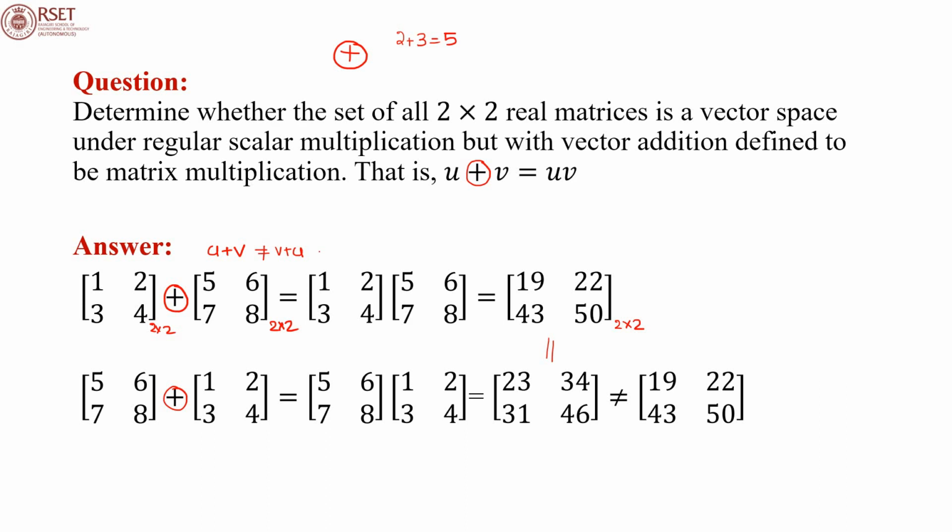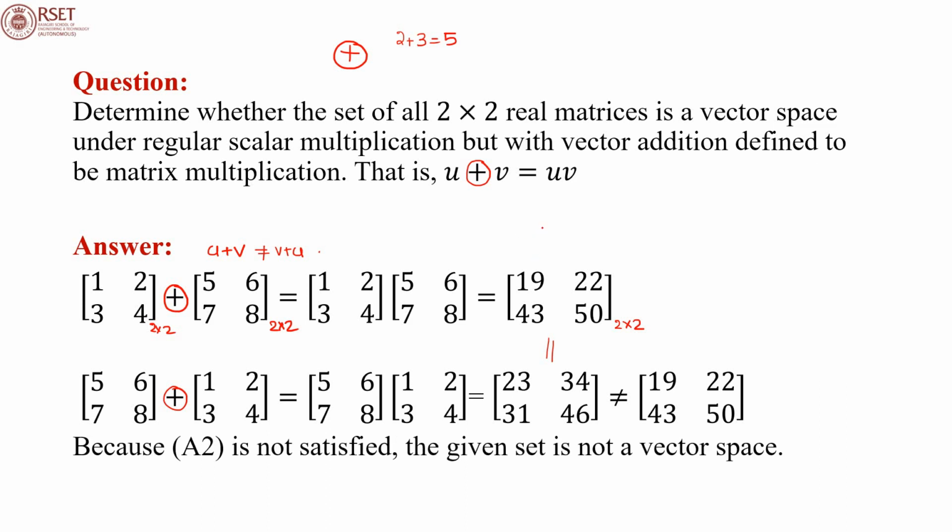Sometimes the sets may be fine, the scalar multiplication may be fine, but here the vector addition we defined was not enough to show that the given set is a vector space. In order to prove that a given set is a vector space, you will have to prove all the 10 properties, but for disproving we only have to show a counter example. So here itself we can say that the given set is not a vector space.